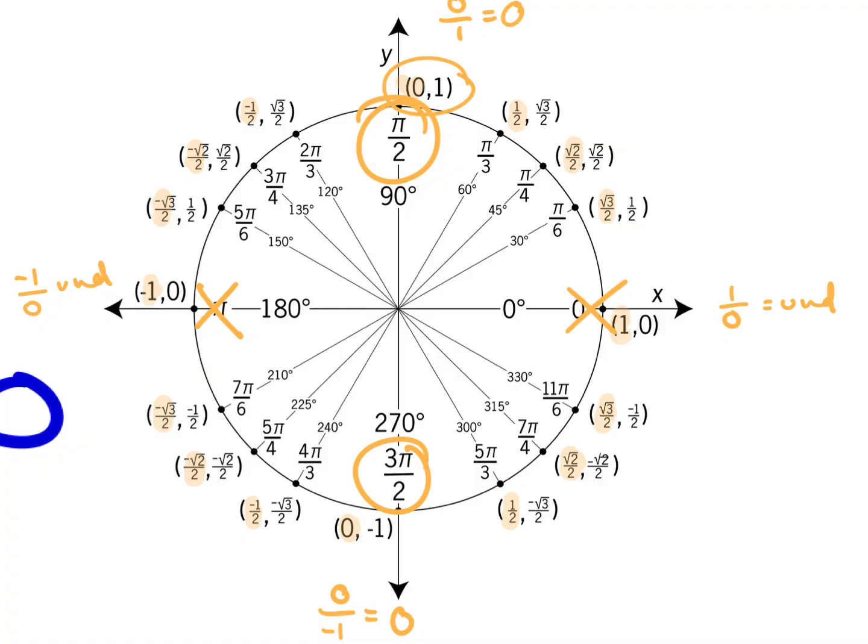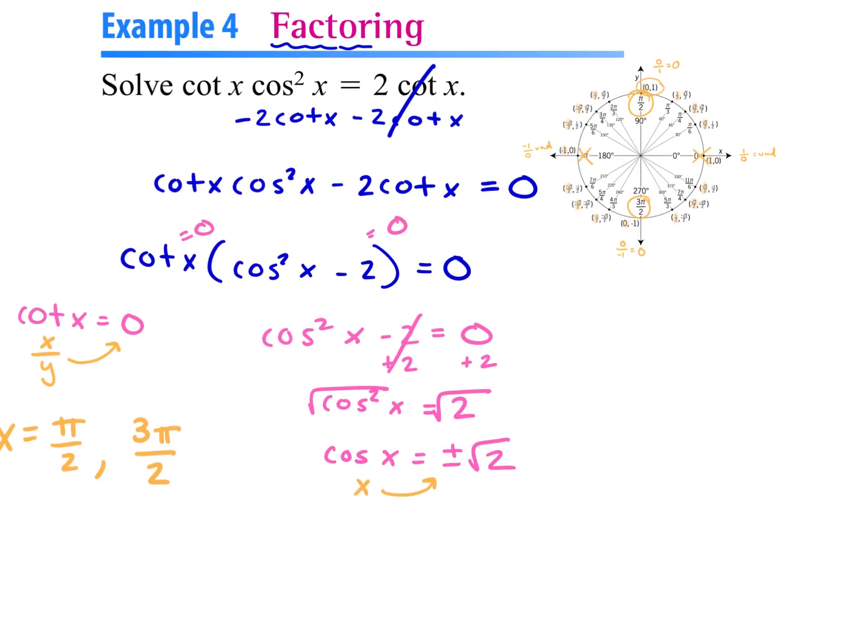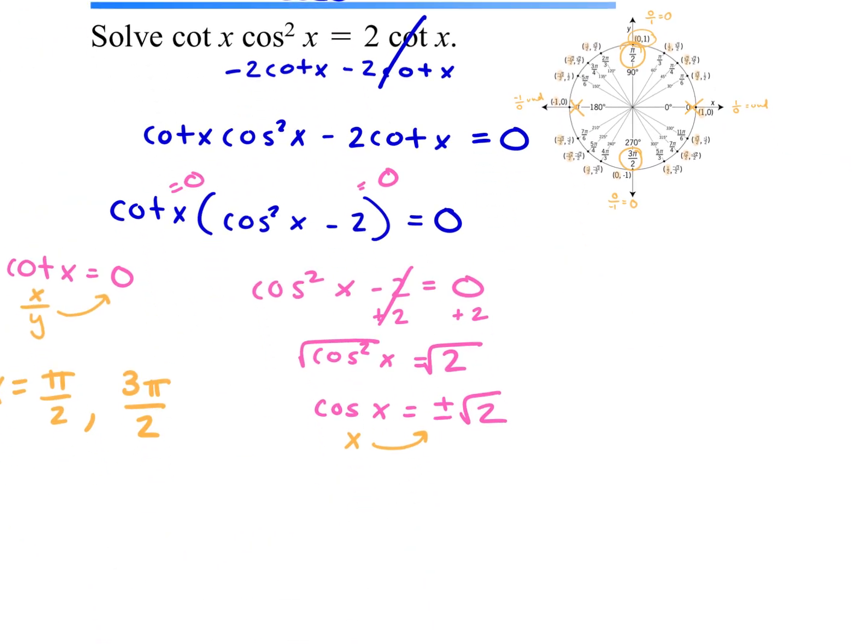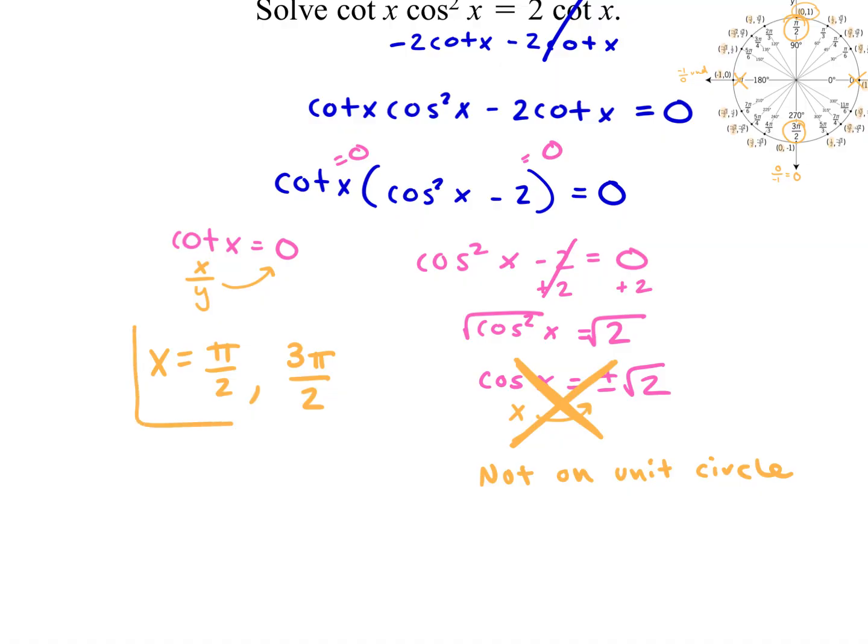No. So this one's actually not on the unit circle. It will give us a value, but we're not going to worry about it. It's just not on the unit circle. So we only have our two answers here from the first little equation.